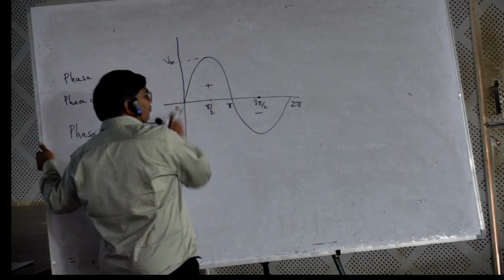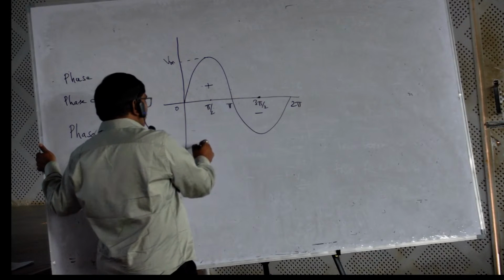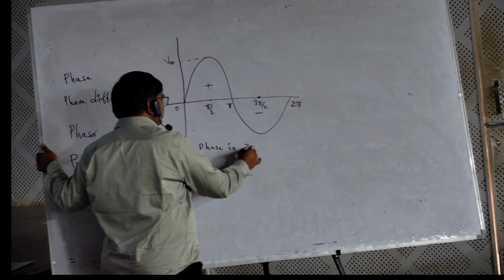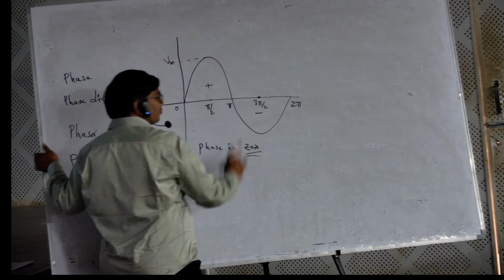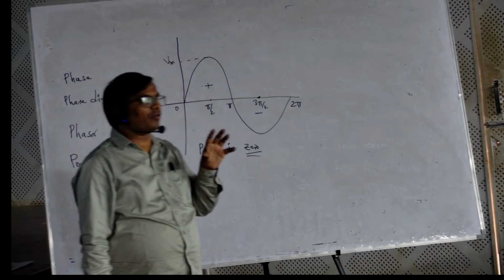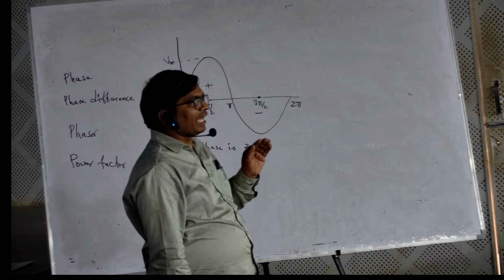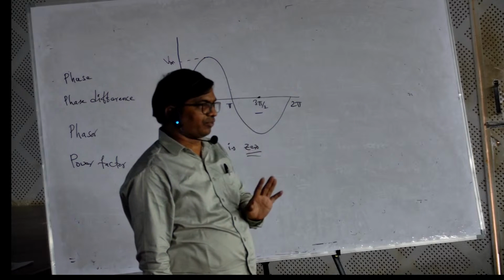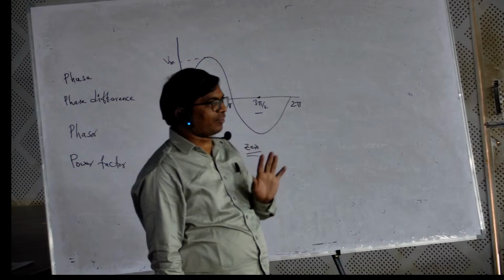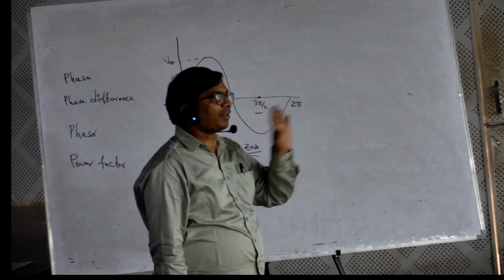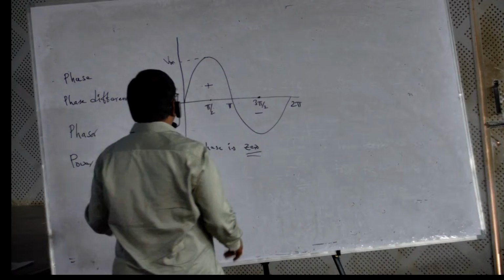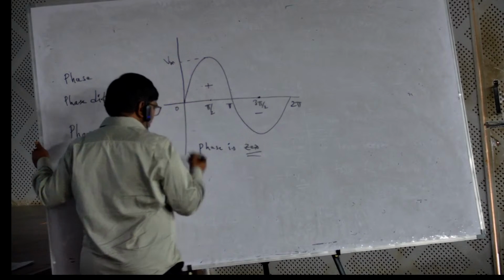What is meant by phase? For this waveform, the phase is 0. So how can you define it? Phase is the distance of the wave with respect to the x-axis from the origin.